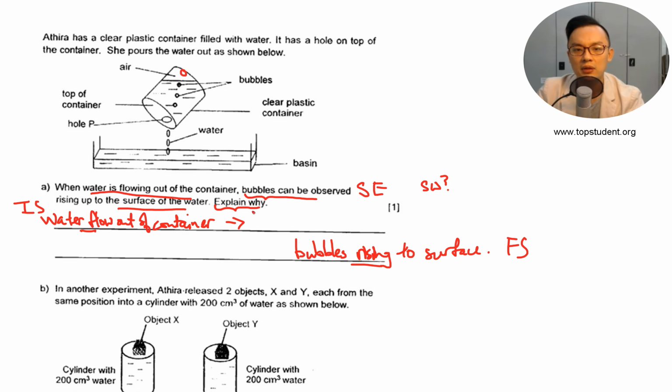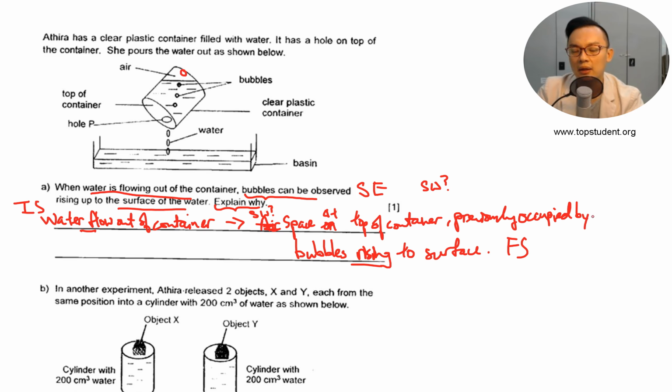So what happens when water is flowing out of the container? There will be a space at the top of the container, which was previously occupied by the water.